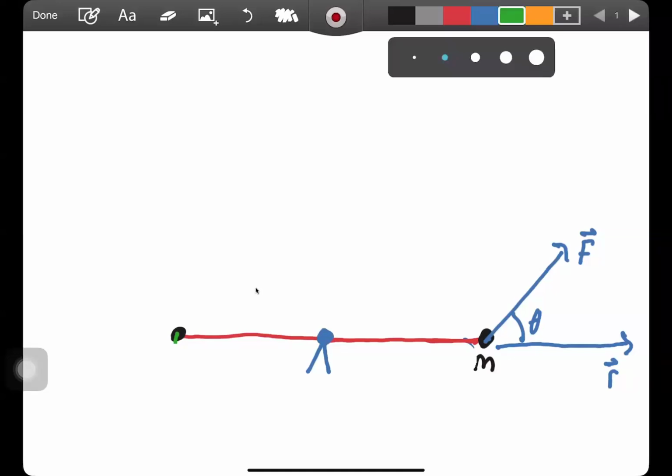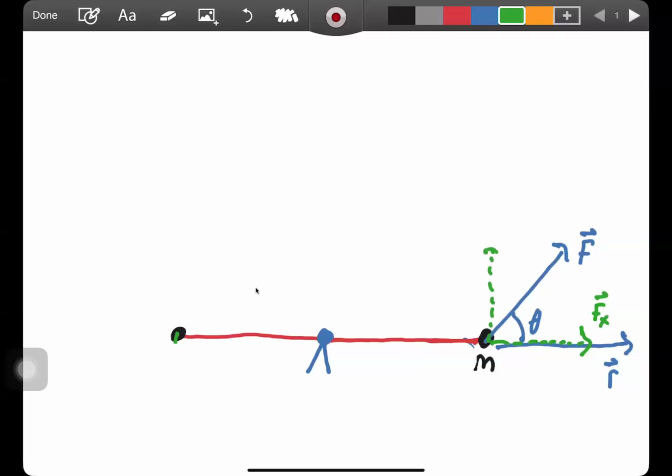Because you can imagine if I decompose this vector, so let's call that Fx, and let's call this component of it Fy. I hope you can see that the Fx, i.e. the horizontal component, that's not going to cause any rotation.